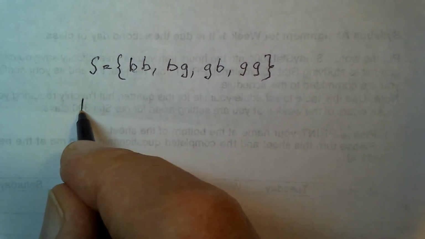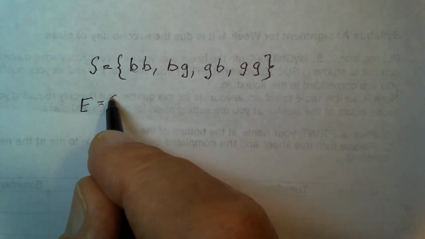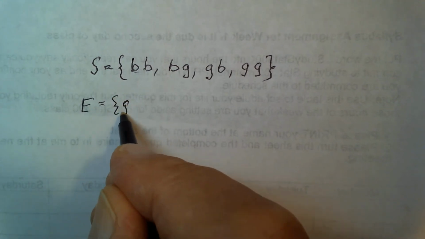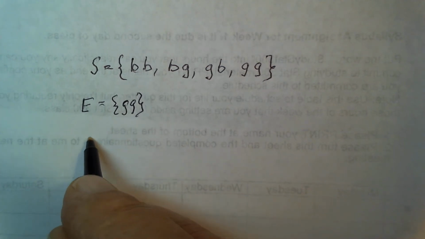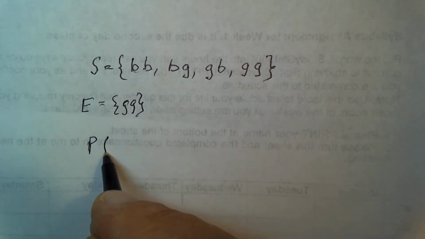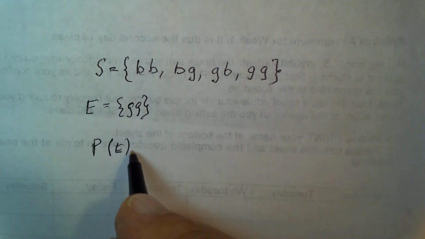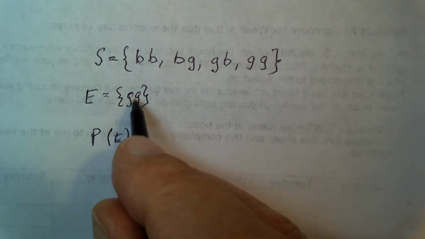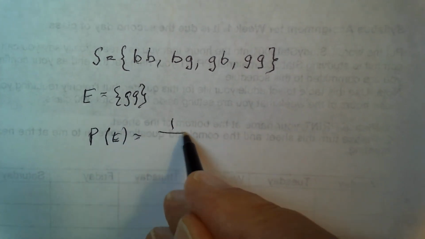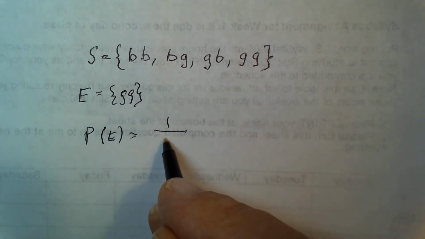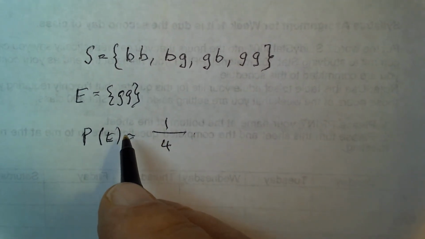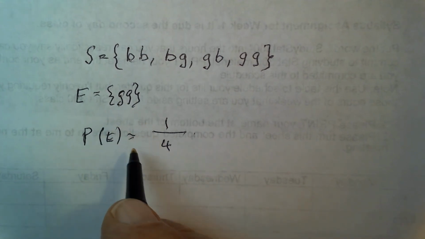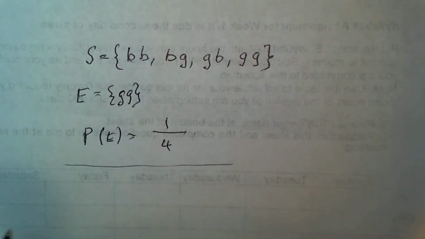The event E that we want would be 2 girls. So we can say the probability of E, of having 2 girls, is equal to 1 divided by a total of 4. That would be the probability of having 2 girls. Okay? That's how we do that.